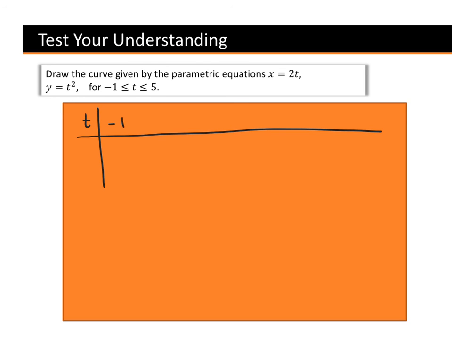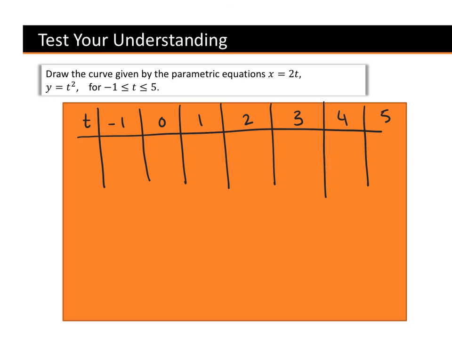And we know it's going to be minus 1, 0, 1, 2, 3, 4, 5. We then need an x coordinate and a y coordinate. We know that x equals 2 multiplied by t. So this is going to be 2 bracket in our calculator, or in our head. And we know that y is going to equal t squared, because it says in the question. Okay?